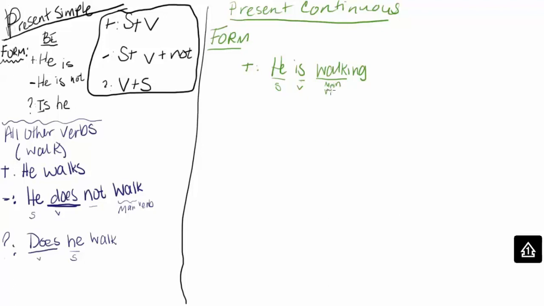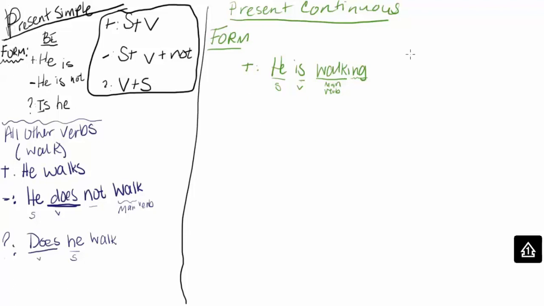All right? But it's a continuous tense, and that's what we're going to talk about in the next piece, what continuous means and why we're going to use it. So if I am talking about something that's happening right at this moment, I'm going to use the ing form of the verb.